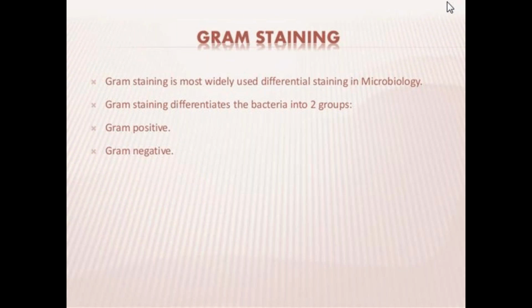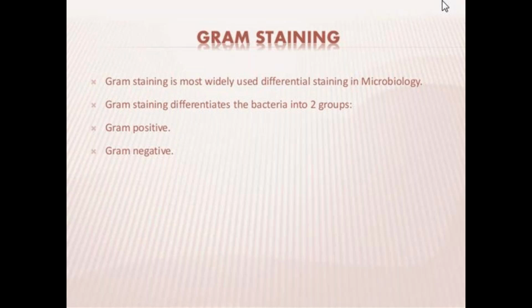Next coming to the differential staining. In differential staining, mainly it is used for the differentiation of microorganisms, that means differentiation of the particular individuals that are present in the culture samples.